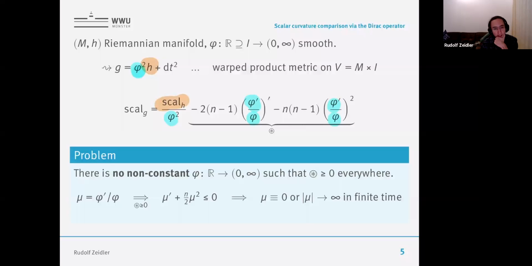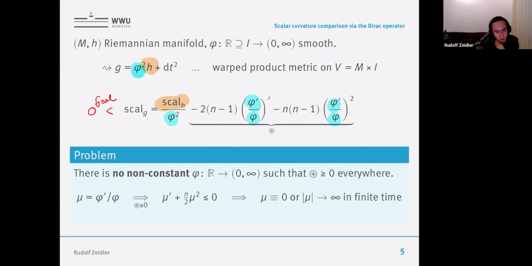And now, I guess this box here already spoils what I want to say. Now you see we get a problem if we want to do what we wanted to do before. So if our goal is to make this here positive, then you can observe that it's in fact not enough to rely on this expression here.